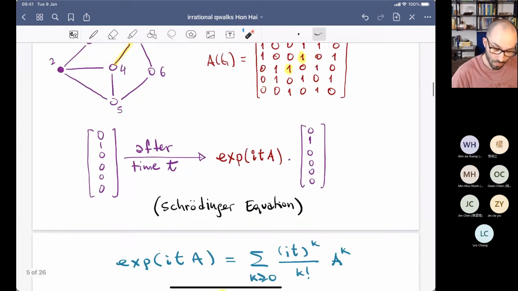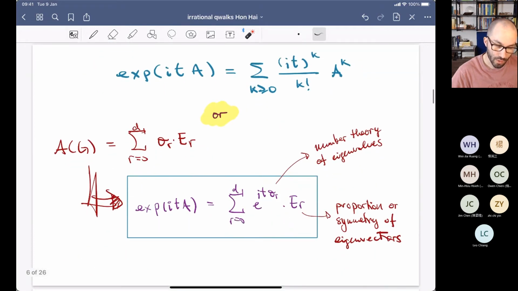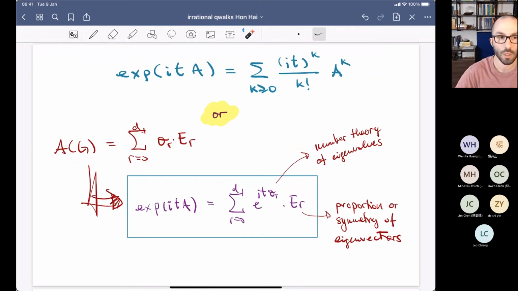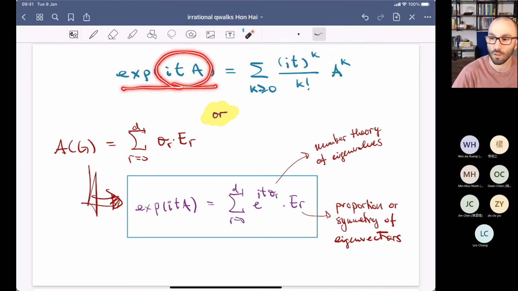which is exactly what you see there at the top of the page. So for the exponential of itH, simply imagine that this is a real variable and think of the Taylor series of the function exponential of x. Now instead of x you have it and then a matrix.